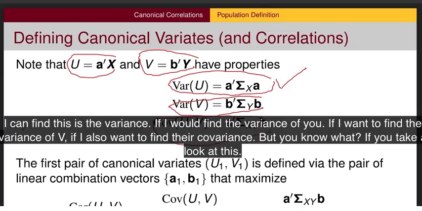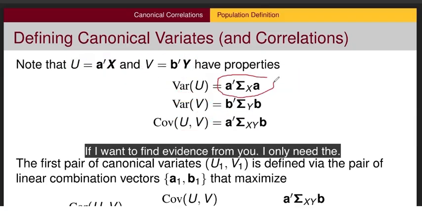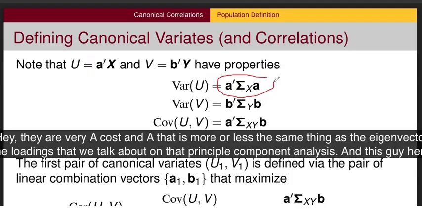But if you take a look at this, to find the variance of U, I only need the constant A, which is more or less the same thing as the eigenvector, the loadings that we talked about under principal component analysis.